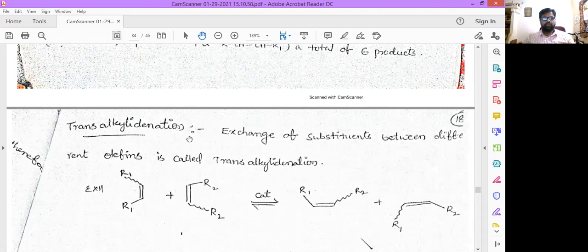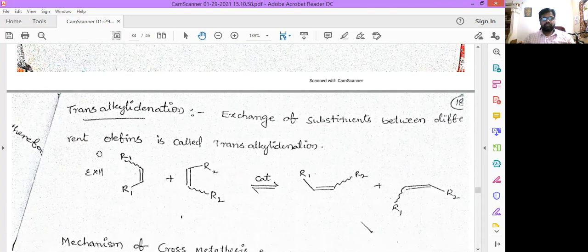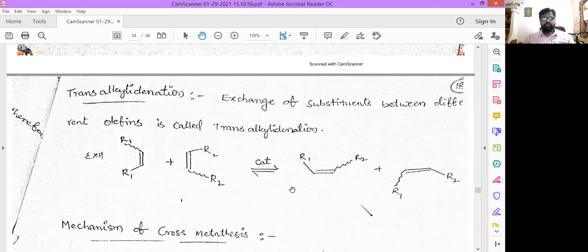Trans-alkylation: exchange of substituents between different olefins is called trans-alkylation. Here you can see both alkenes are there, R1 substituted and R2 substituted.